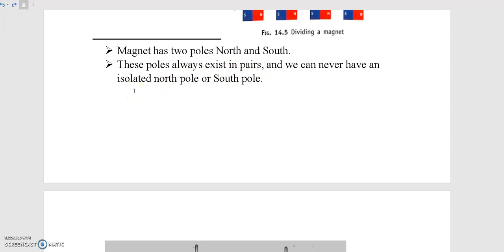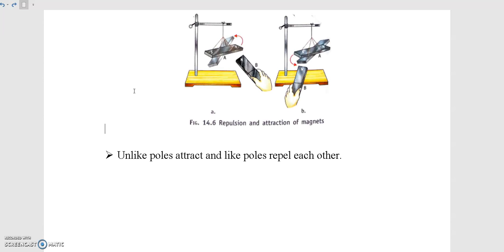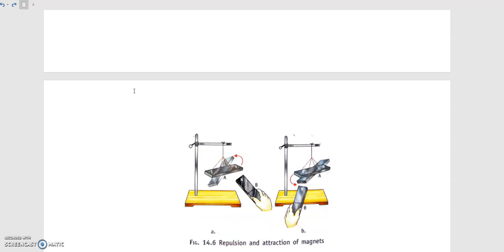All right. And the next thing we can say here is about unlike poles. Let me show you this picture. Wait, I think I have lost that picture. Let me get it back. Oh yes, I have it here.